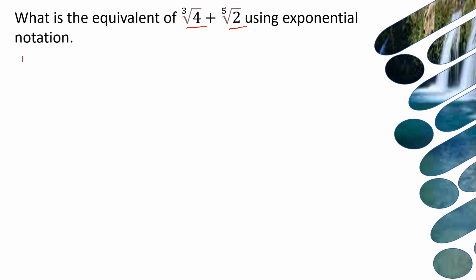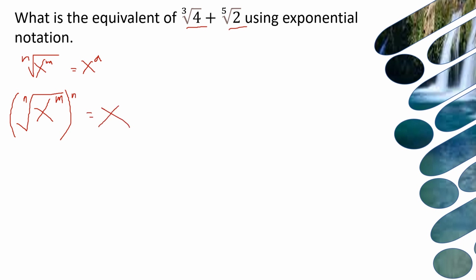So let's say we have the nth root of x raised to m is equal to x raised to a. So the nth root of x raised to m is to be raised by the inverse of the nth root, which is n.